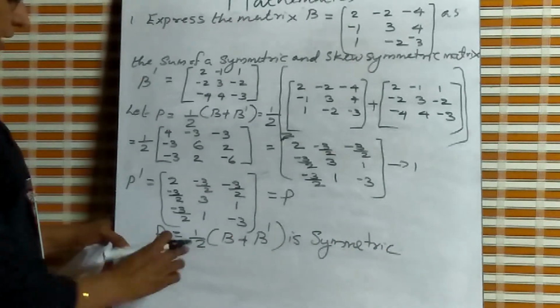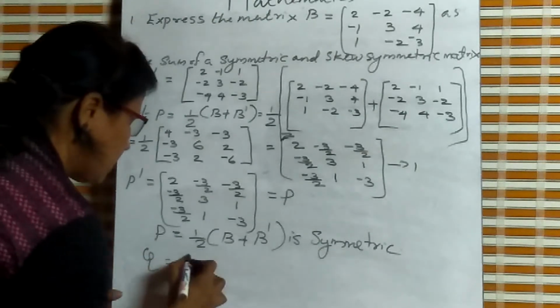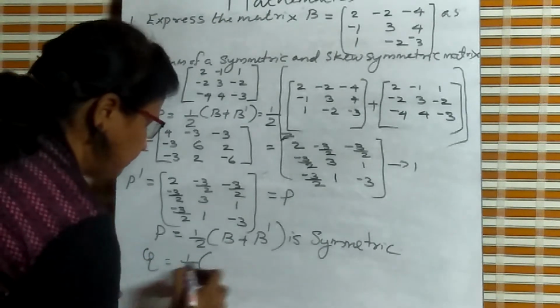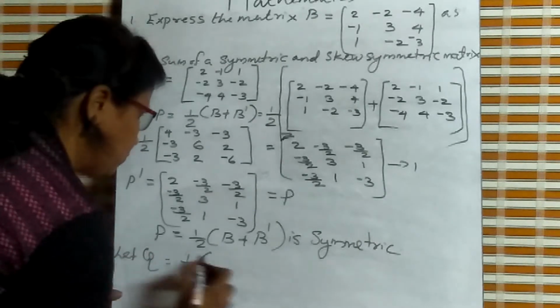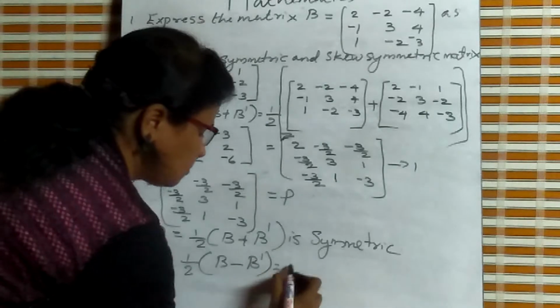Next, we have to find Q. Let Q equal half of B minus B transpose.